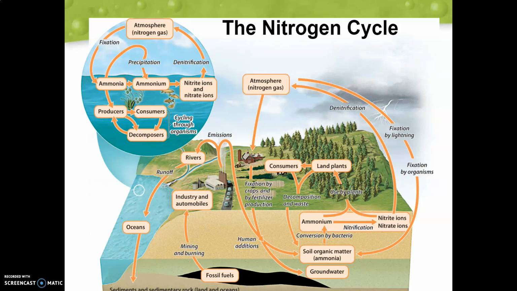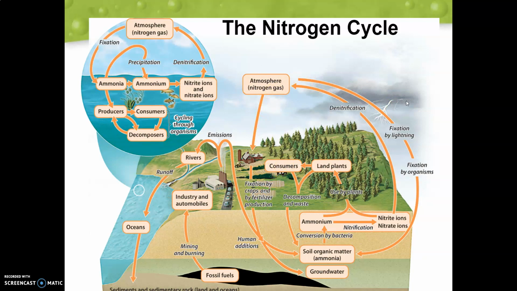Okay, so we're going to start talking about some of these different terms. One term is called nitrogen fixation. This is when it becomes usable to organisms. So nitrogen gas needs to become what we call fixed. We have our nitrogen gas here, these arrows coming down, it's being fixed into usable nitrogen.